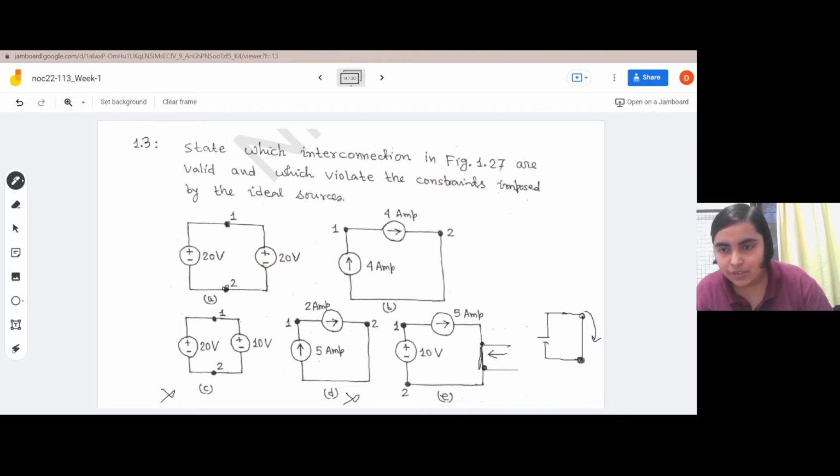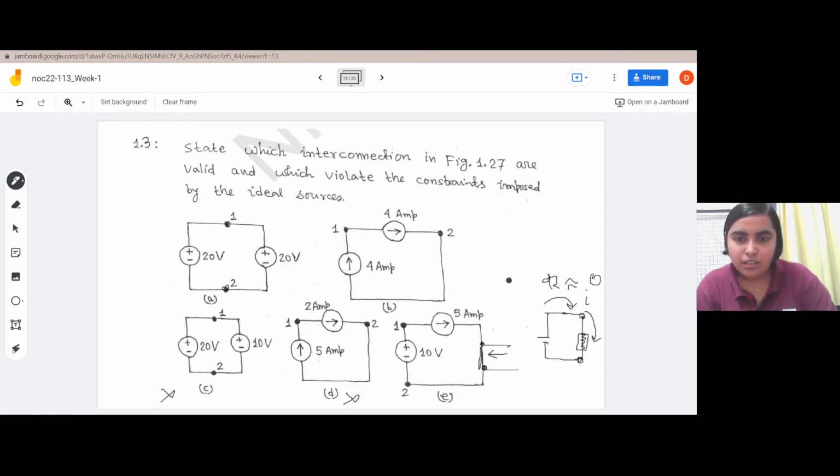But if this is short circuited, a very high current will flow through it, because R is almost tending to zero. The only resistance present is the resistance of this wire, since no element is present. Clear, ma'am. I understand.